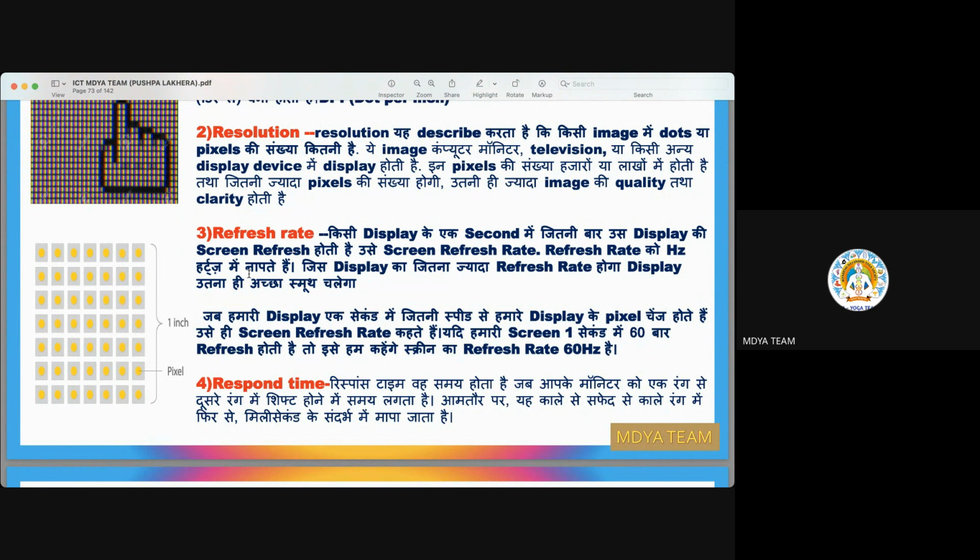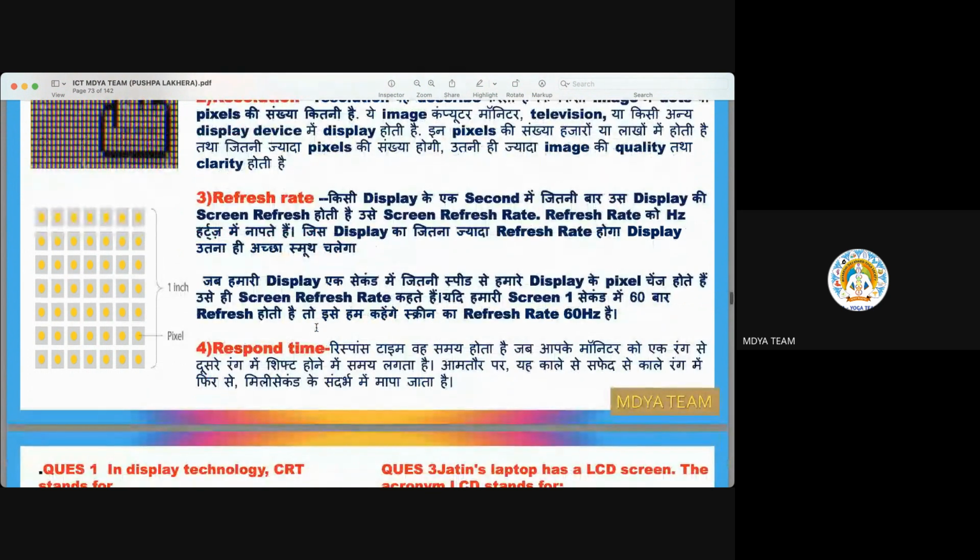It is a rate, so it is measured in hertz, the frequency of how many times this display refreshes itself per second. If it is more, then your picture quality will be smoother. You will not see breaks between the pictures. A very smooth running of the picture will be there.